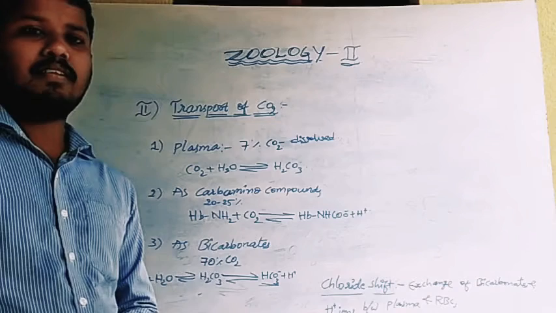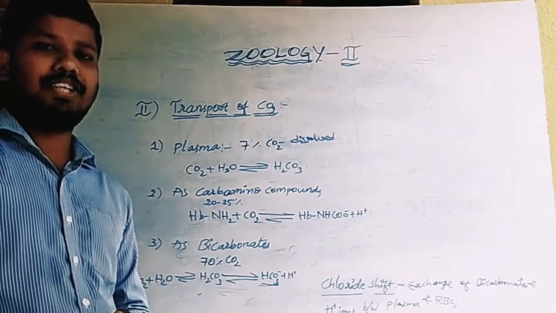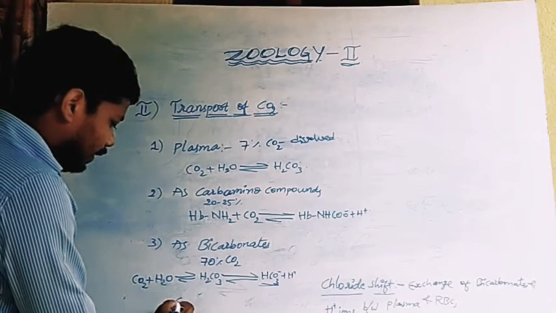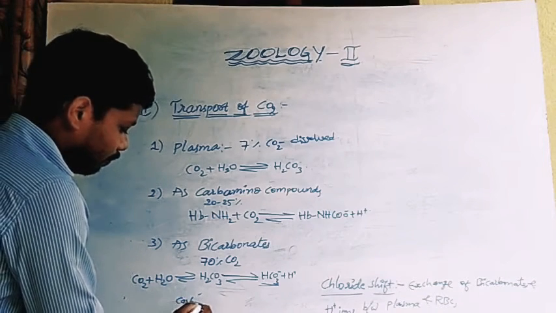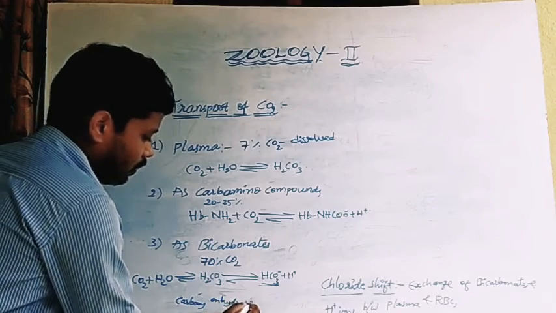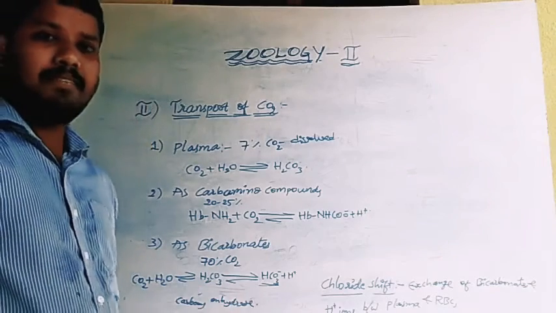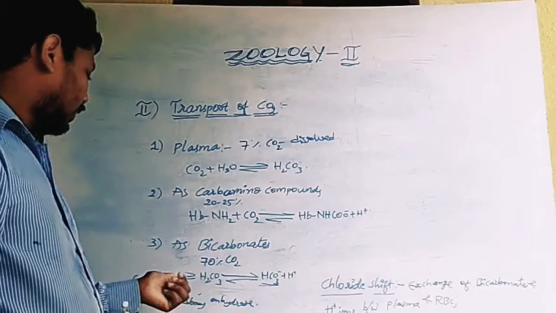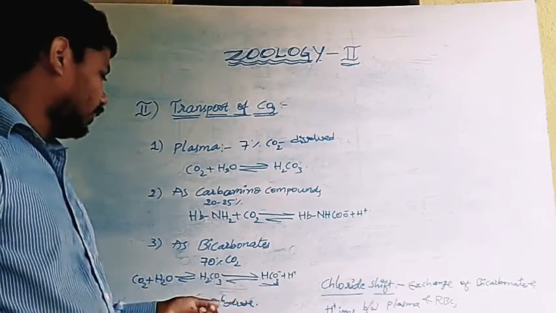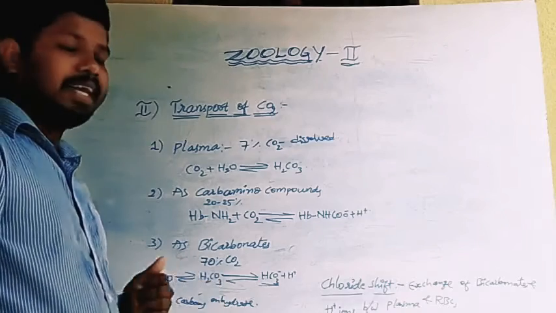RBCs contain a high concentration of an enzyme called carbonic anhydrase. This enzyme acts on carbon dioxide and water molecules and converts them into carbonic acid.